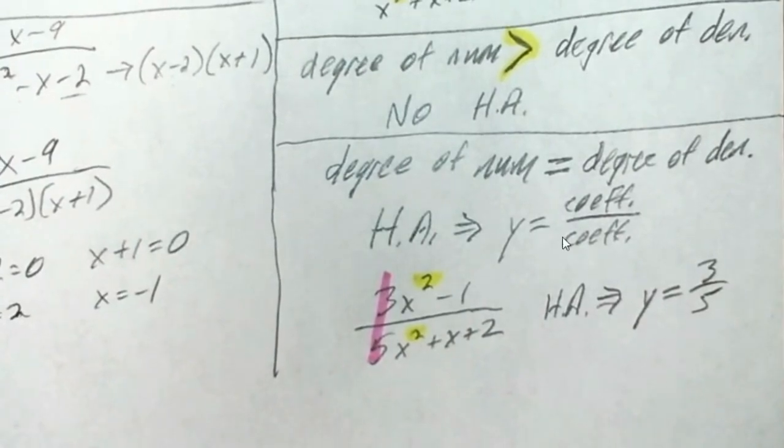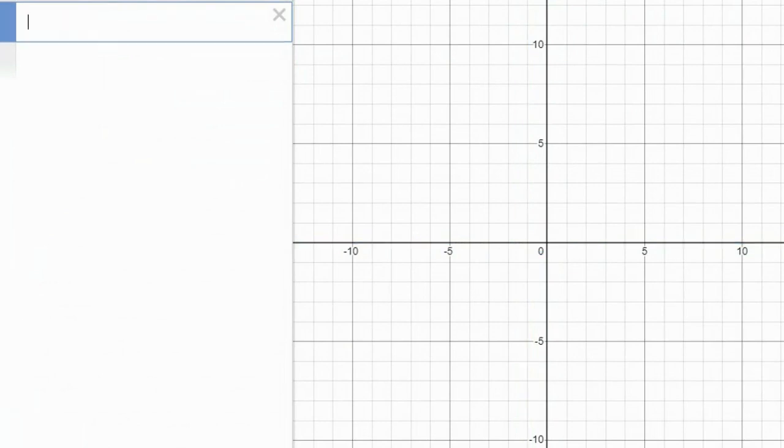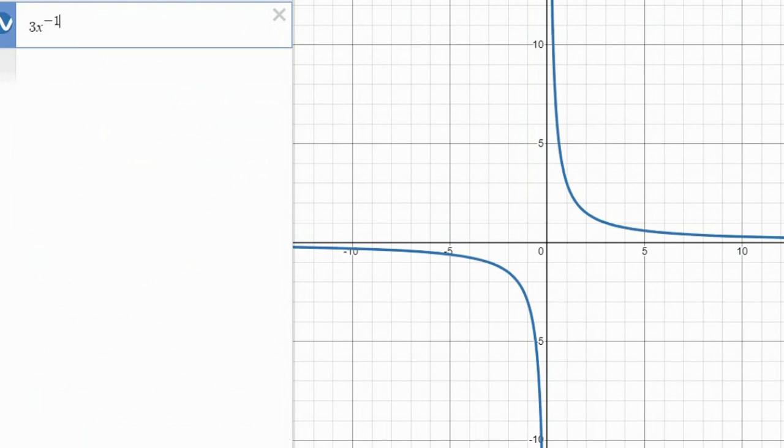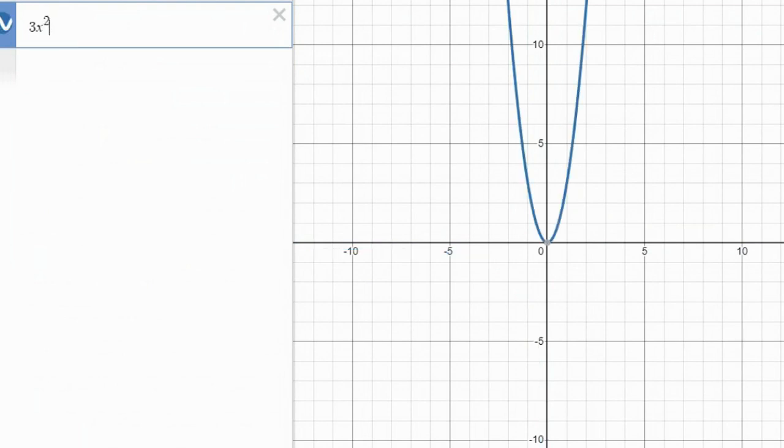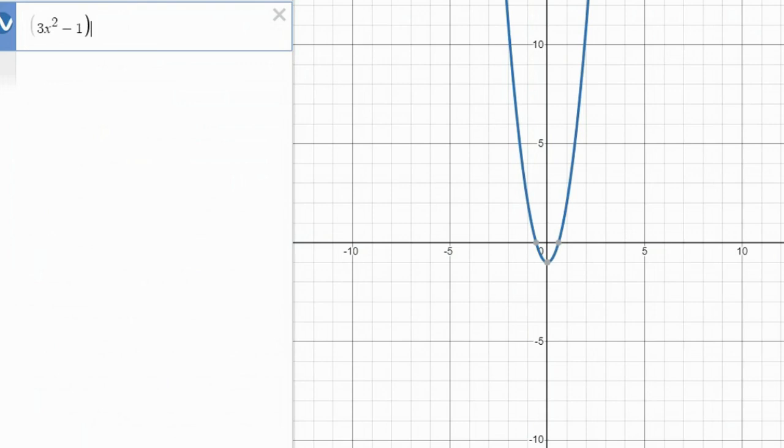Let's take a look at that on the graph, 3/5. So let's get rid of this equation. Let's do that 3x squared minus 1. Let's put that in parentheses, so it'll all be on the numerator.